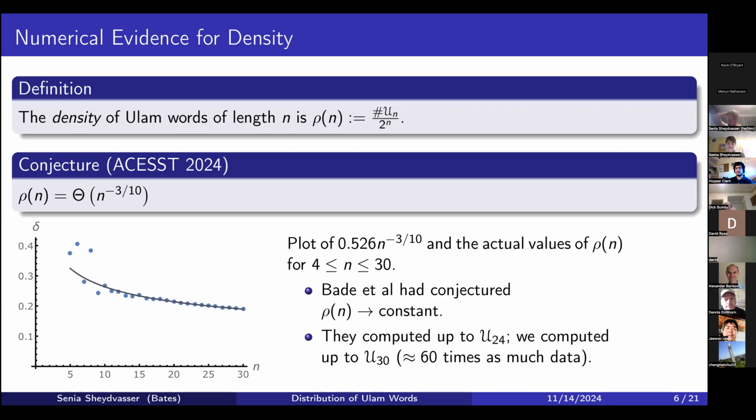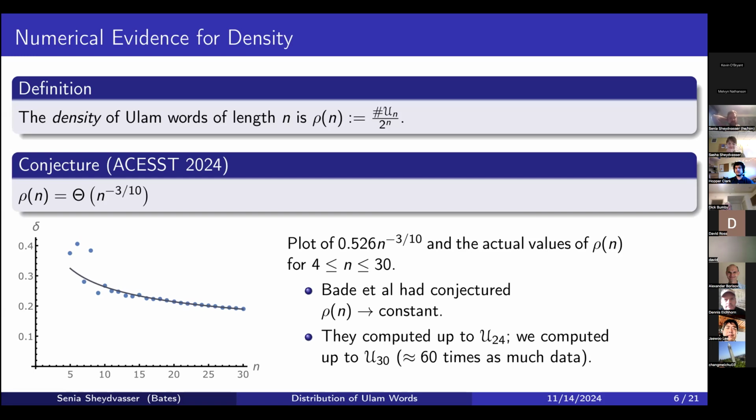I will note as well that in the Bade et al. paper, they had conjectured instead that this density converged to some constant. Because we had more data, and for some other reasons that I will get into later, we actually suspect that this is false.